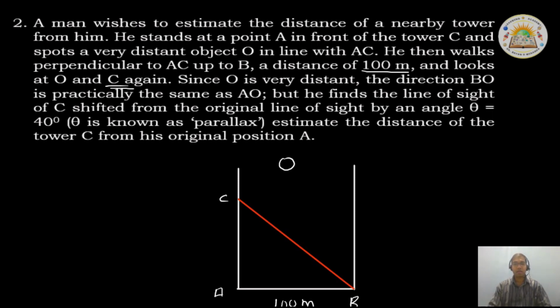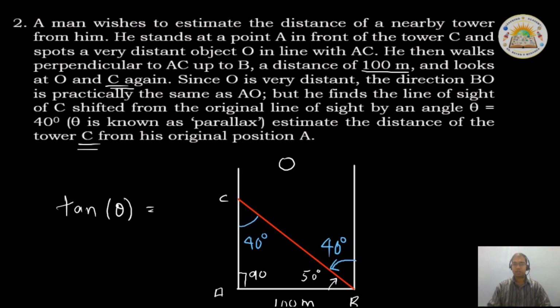But he finds the line of sight shifted from the original line of sight by an angle of 40 degrees. That means this angle that is there, as he is observing O, this angle is given as 40 degrees. Since we can use geometry and take this as a vertically opposite angle, this angle is 40 degrees. So for parallax, we always find tan of the angle.